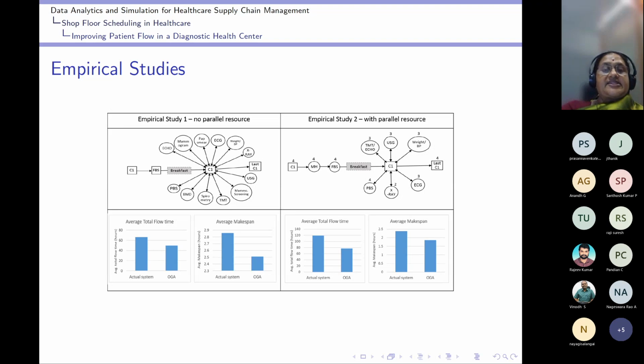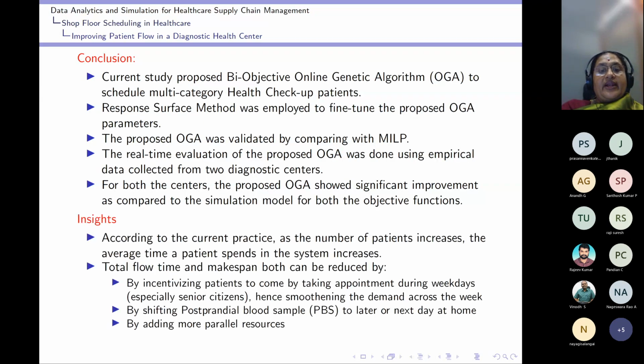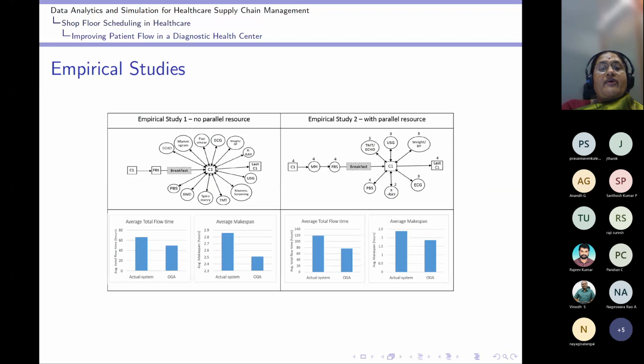The second thing is, there is a 2-hour window between your fasting blood sample and your postprandial blood sample. What this does on the system is, all my patients arrive at the same time because the fasting blood sample has to be taken when you are fasting, on an empty stomach. Now, when every patient arrives at the same time, your total float time would actually increase.